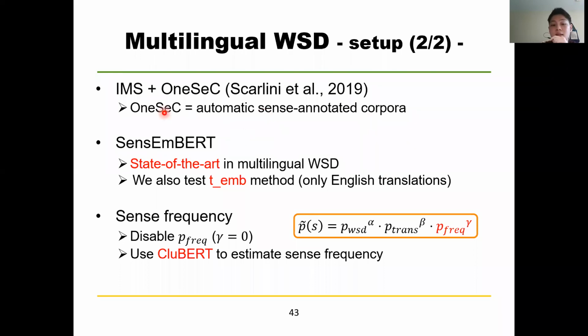And since SensEmBERT uses the embeddings from Multilingual BERT, we also use Multilingual BERT to test the TM method. And for simplicity, we only use English as the target language here. And for the sense frequency, we either disable pfreq in SoftConstraint or use CoarseBERT to automatically estimate sense frequency for it.